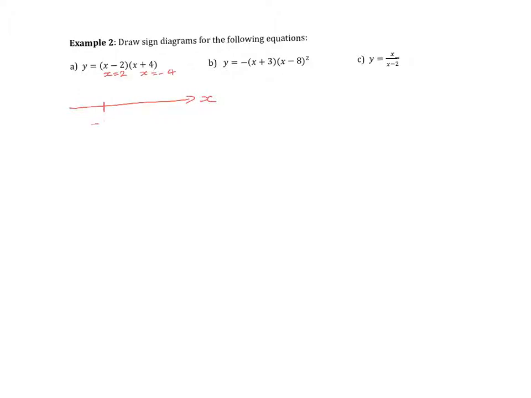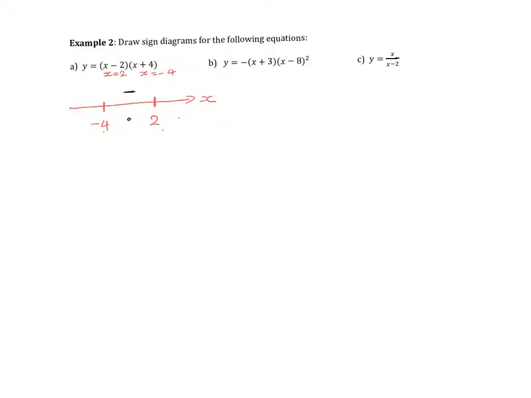So we have -4 and 2 on our sign diagram. Now let's check what happens between them. A value between -4 and 2 is like 0, so I'm going to put that in. What's 0 minus 2? That's -2. 0 plus 4 is 4. So -2 times 4 is -8. So I'm negative in here.